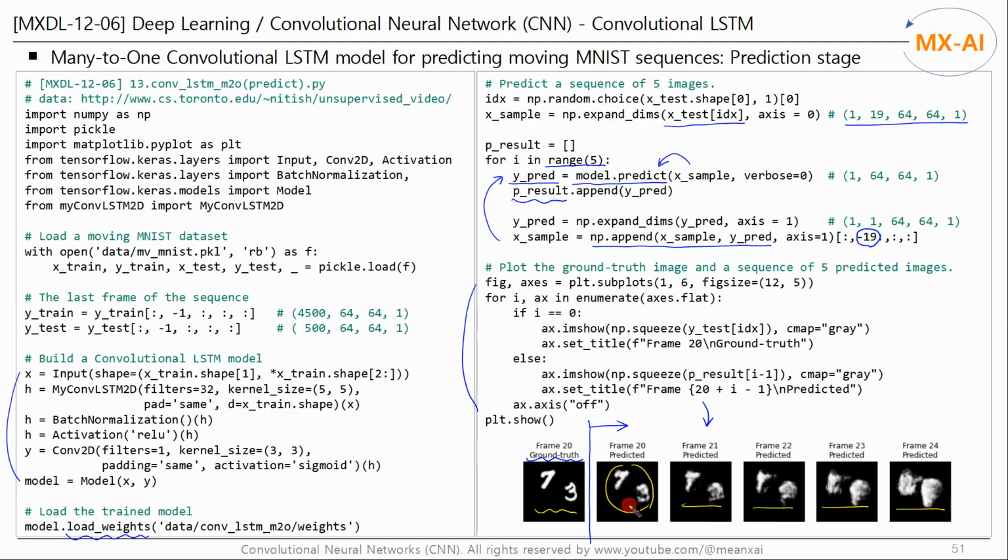This is because the predicted image is fed back into the model to predict the next image. For more accurate predictions, we need to use more training data, build a deeper model, and increase the number of iterations. We only used 5,000 out of 10,000 sequences.